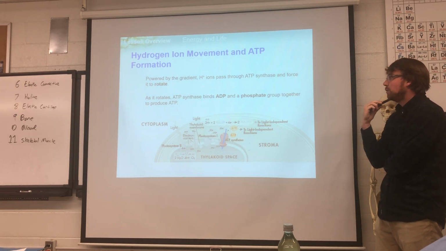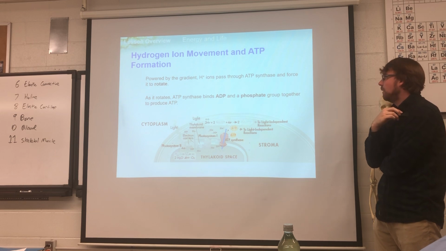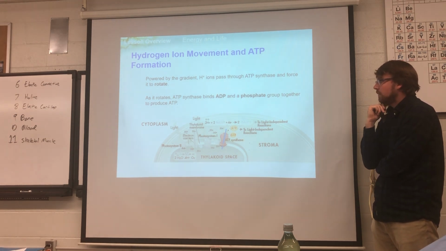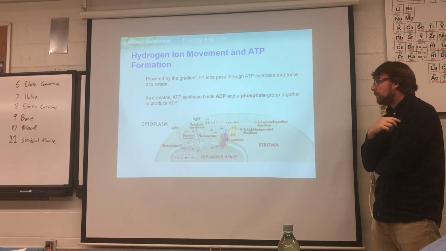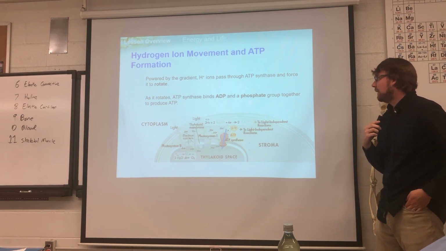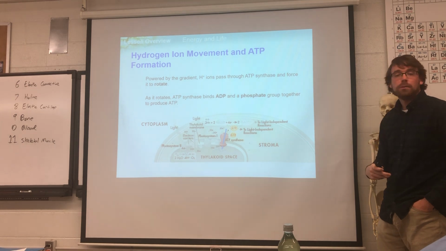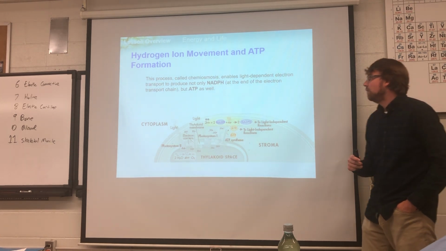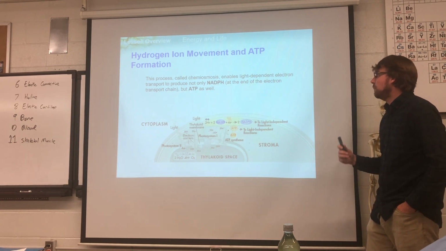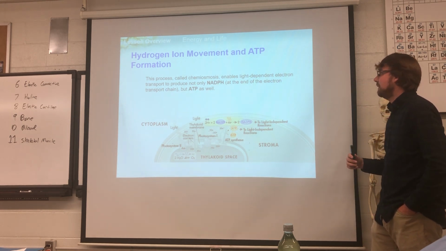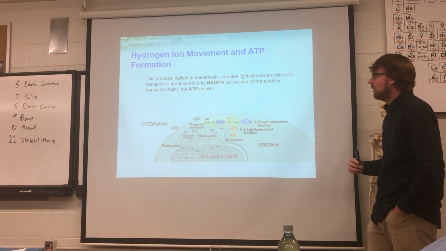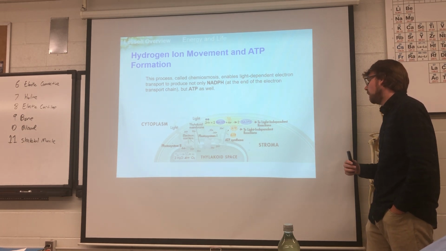Powered by the gradient, hydrogen ions pass through ATP synthase and force it to rotate. As it rotates, ATP synthase binds ADP and a phosphate group together to produce ATP. This process, called chemiosmosis, enables light-dependent electron transport to produce not only NADPH, but ATP as well.